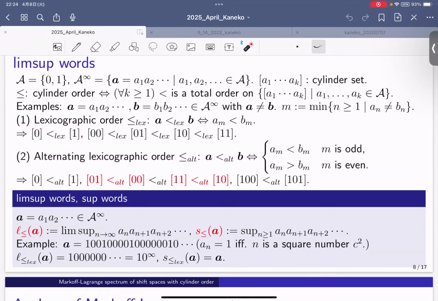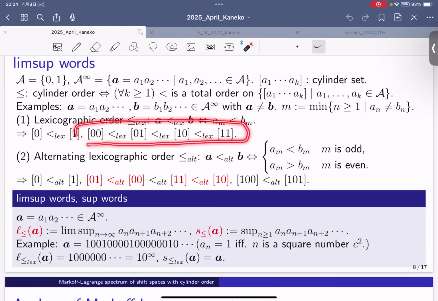That means any element from cylinder 0 is less than any element of cylinder 1. And in the case of length 2, for example, any element from [1,0] is less than any element of [1,1].